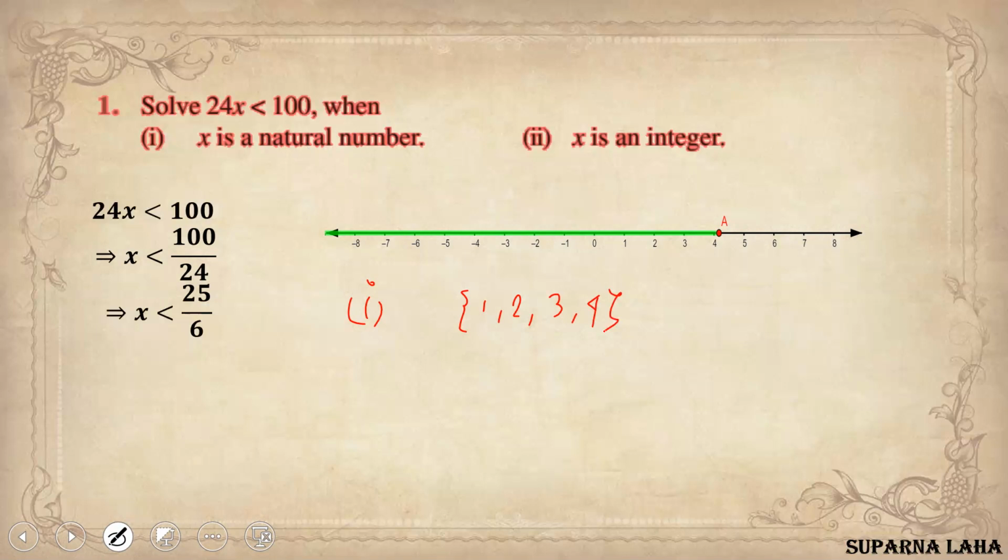Clear? And if we consider this number 2, x is an integer, that means all the integer values we will consider, that is x belongs to Z such that x is less than 25 by 6.